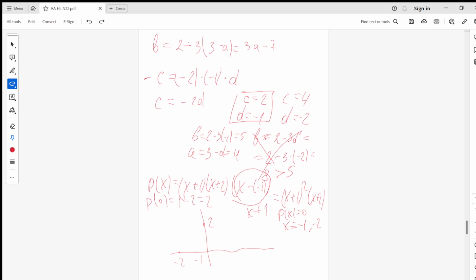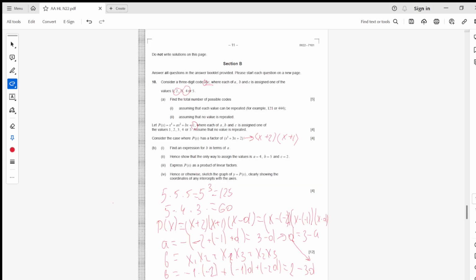So our graph would look like this. It doesn't change sign at x equals minus 1 because it's an even power. A power of an even number is going to be positive. So our graph looks like this, and this is the final answer.